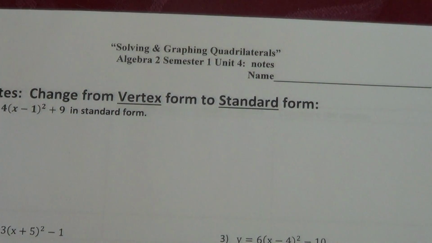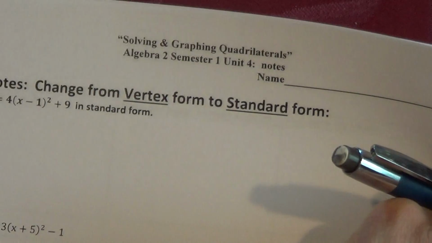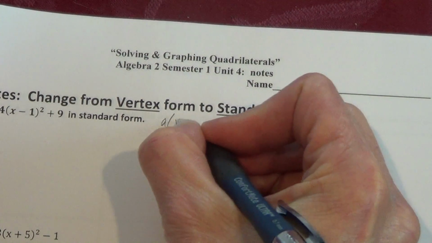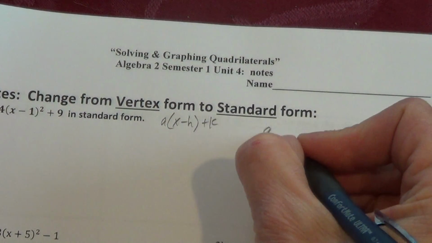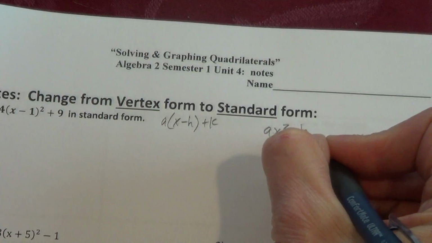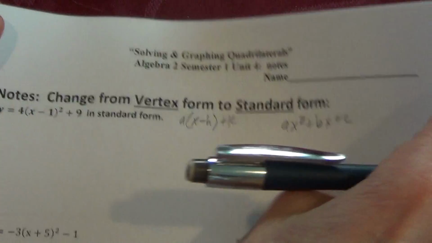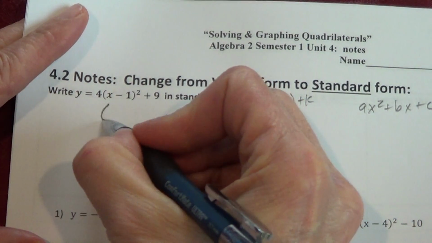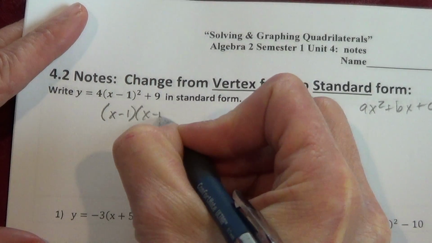Next page, now we're going to go from vertex form to standard form. This is the one that I thought that we were starting with. And vertex form is a times (x minus h) squared plus k. And standard still is ax squared plus bx plus c. So on this one, what we do is we actually expand out what this is. x minus 1 squared is x minus 1 times x minus 1.